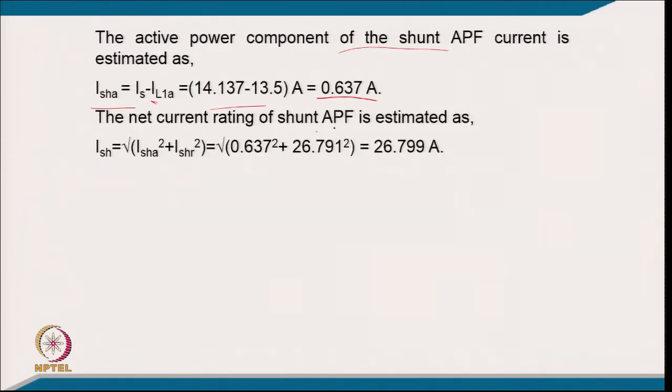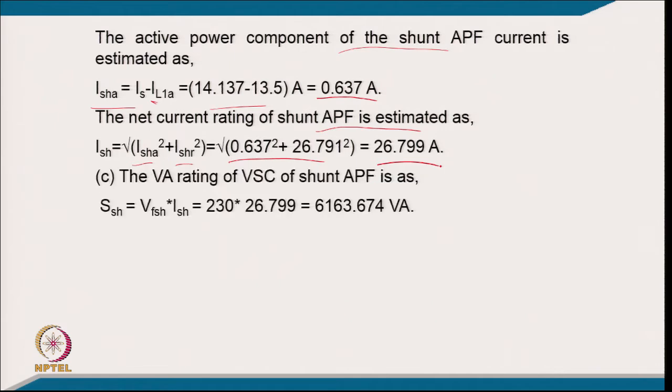The net current rating of the shunt active filter is the square root of the active component of current square plus the reactive component, the harmonics, current square. Putting the value, it comes to 26.799 ampere. The VA rating of the shunt active power filter is now the voltage and current rating of it. The nominal voltage is 230 volt, because it is connected across the load of 230 volt, and the current rating is 26.799 ampere.